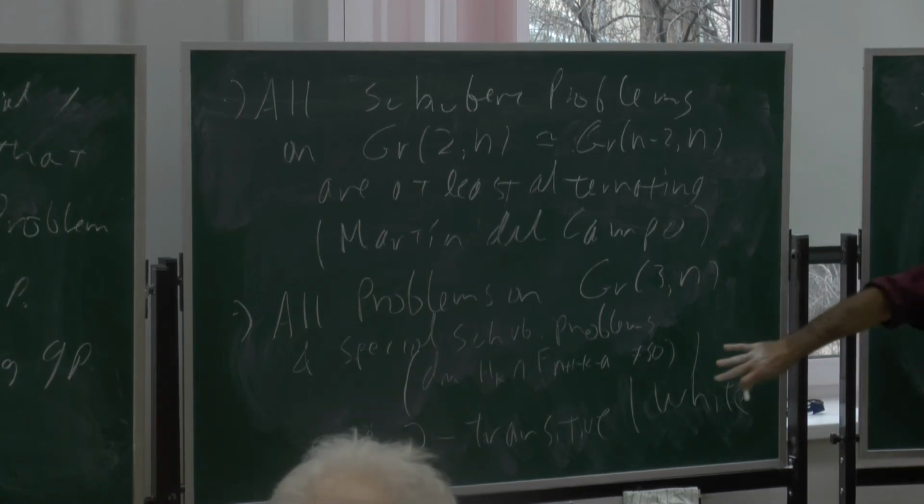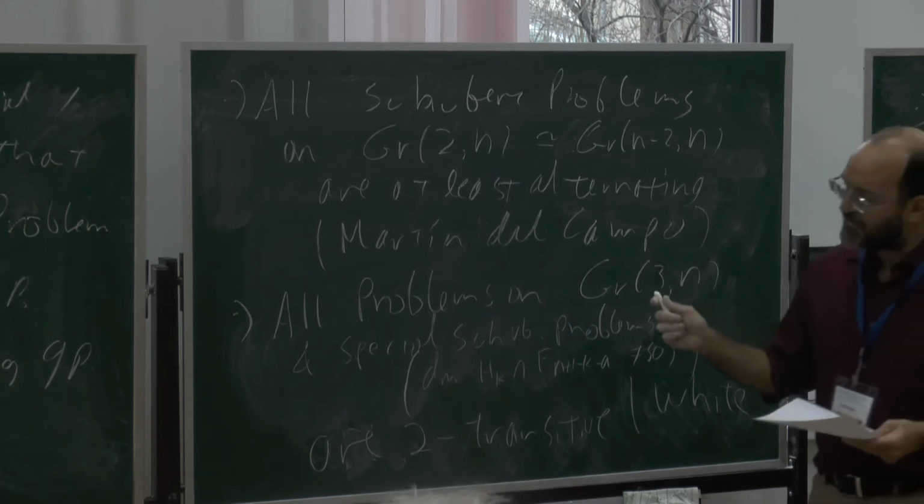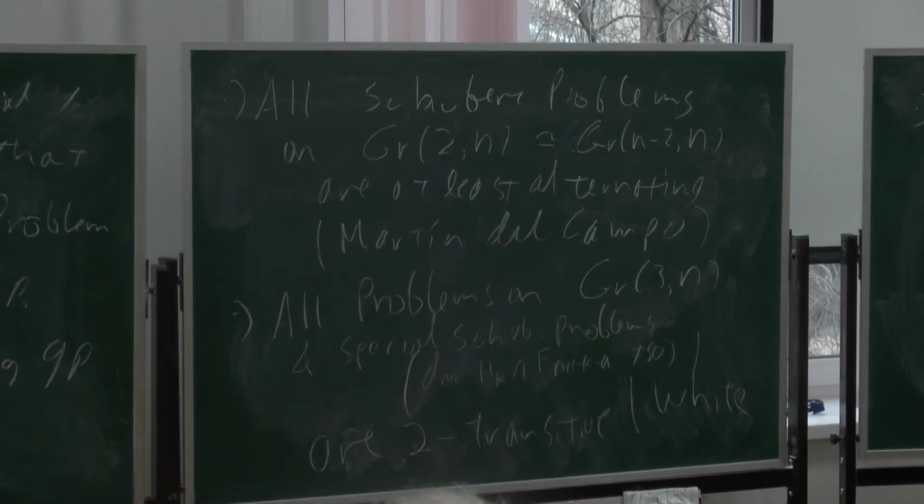This involves showing that a second fiber product of the total space I've written down before is irreducible, because these questions about transitivity can be expressed geometrically. But this is a weaker thing. Yes, it's weaker, but because of this dichotomy, two transitive already moves you off of class 2.